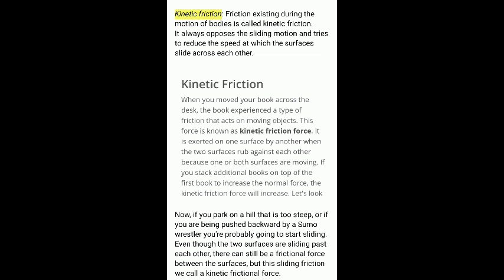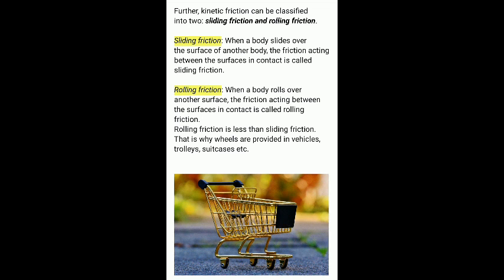Now, this kinetic friction can be further classified into two types: sliding friction and rolling friction. Sliding friction: when a body slides over the surface of another body, the friction acting between the surfaces in contact is called sliding friction.